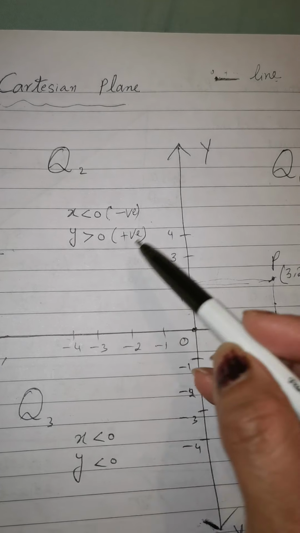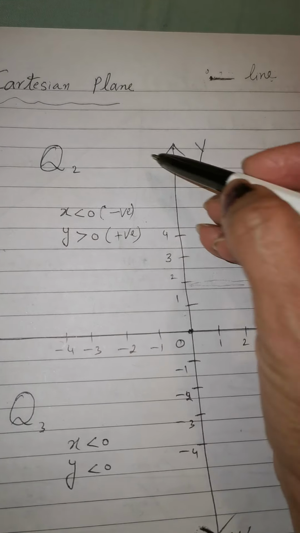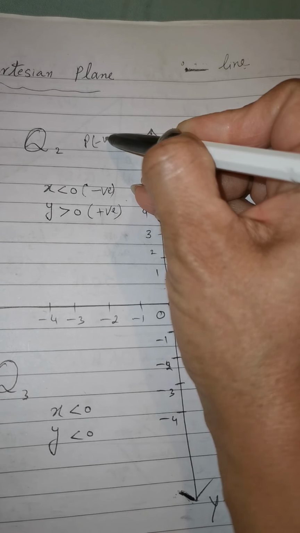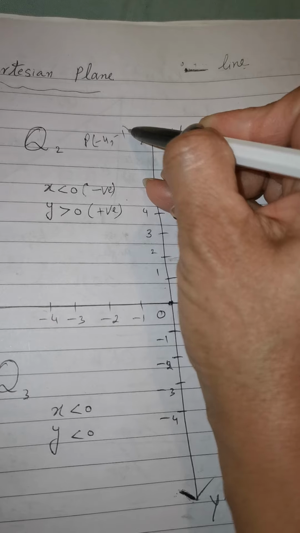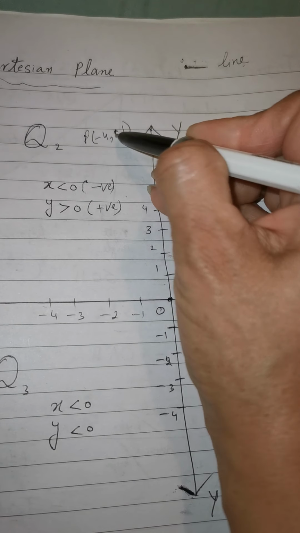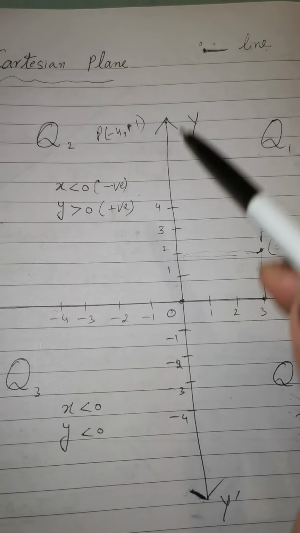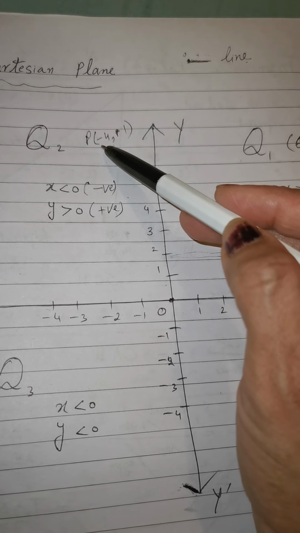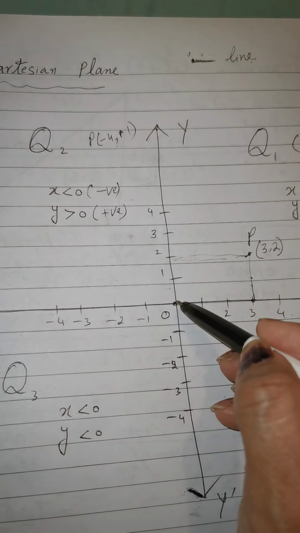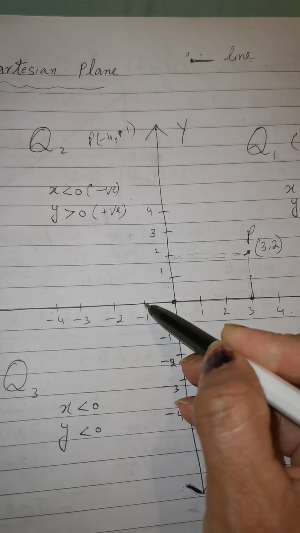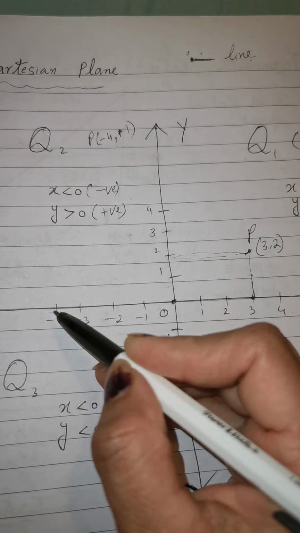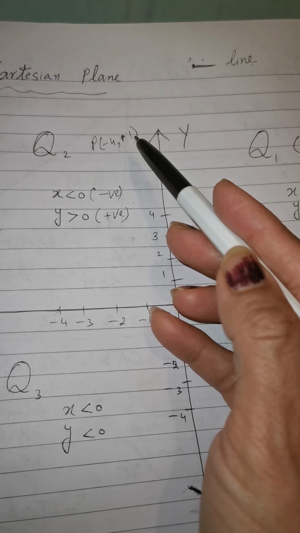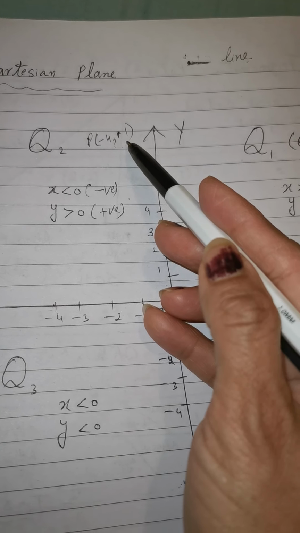So how can we draw a point here? In this case, if they have given you a point like (-4, 1), then this point will lie in the second quadrant. How? Because x is negative. So from the origin I will walk 1, 2, 3, 4 steps, and in this point y is 1.